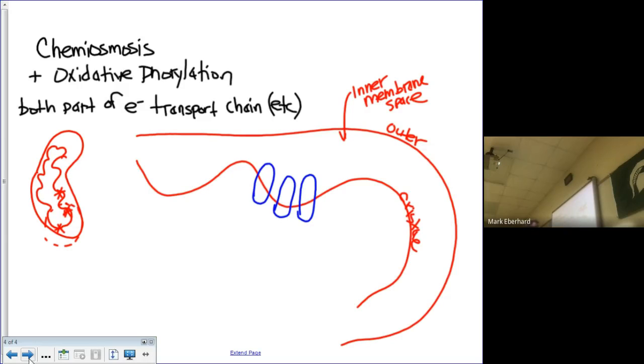This is going to form the electron transport chain, ETC. I'm just going to add a few things in and then we'll start filling in the information.